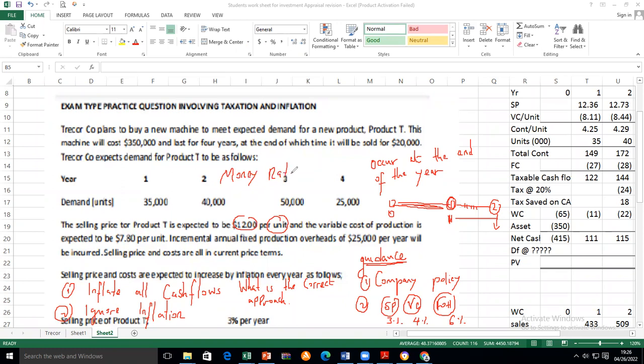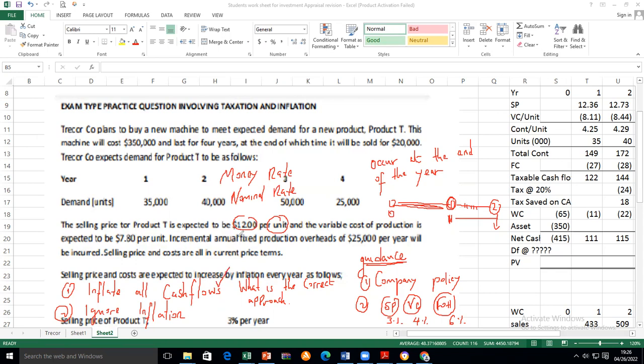The money rate. So have you seen what was expected in this question? Yes, because of the different inflation rates used, the approach that was expected from you was the first one, to inflate all the cash flows.